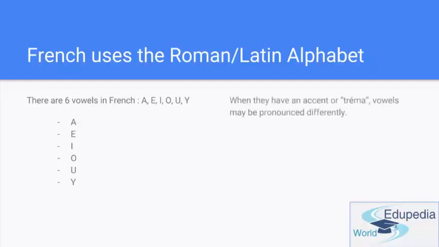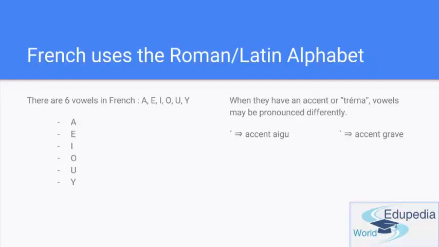Now, when they have an accent or what we call a tréma, vowels may be pronounced differently. First, we have accent aigu, which you can see is a little mark that goes from the bottom left to the top right. Accent aigu, which means acute accent. Then we have accent grave, which goes from top left to bottom right, and we place it on vowels.